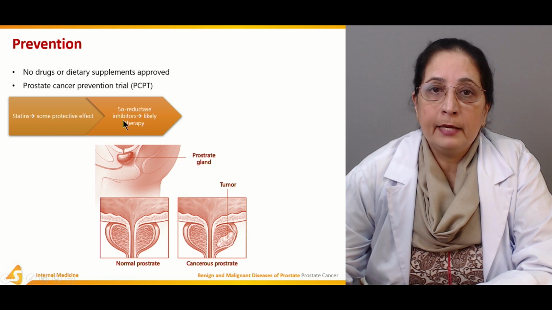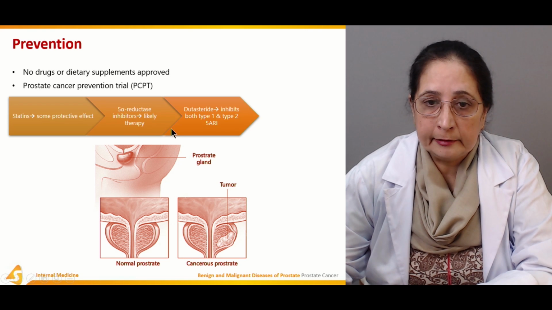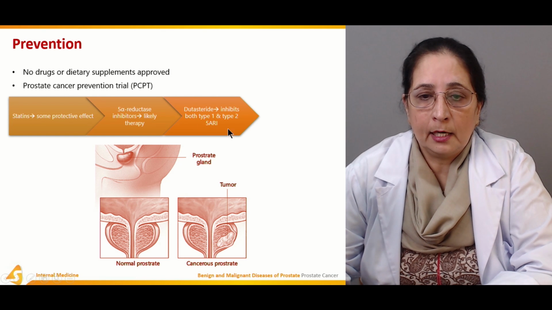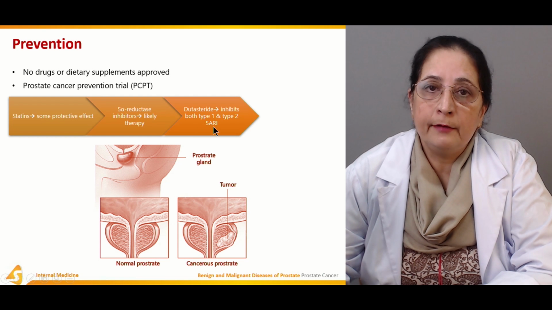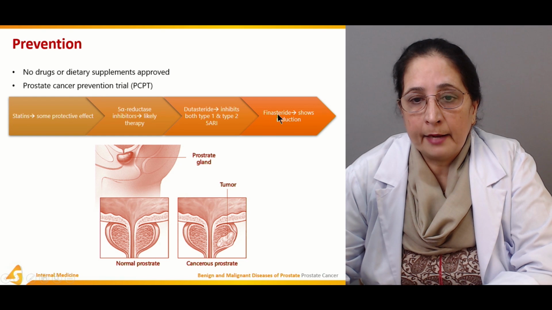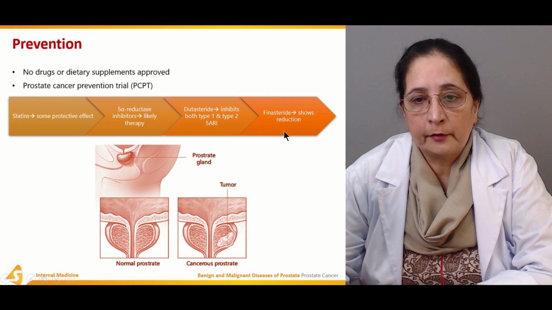Then we have 5-alpha reductase inhibitors, which is the likely therapy. Dutasteride inhibits both type 1 and type 2 5-alpha reductase inhibitors. And then we have finasteride, which shows reduction.